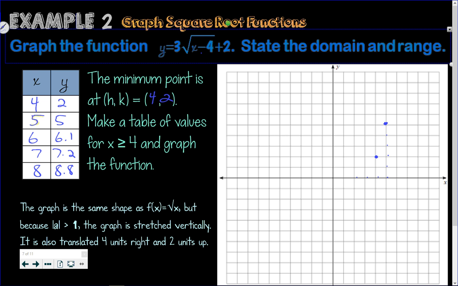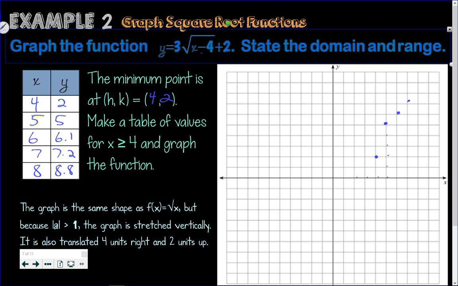Okay, so it goes up, and then what is it going to start to do, guys? It's going to start to do what? Flatten out. So 1, 2, 3, 4, 5, 6. 6.1, then 7 is 7.2.